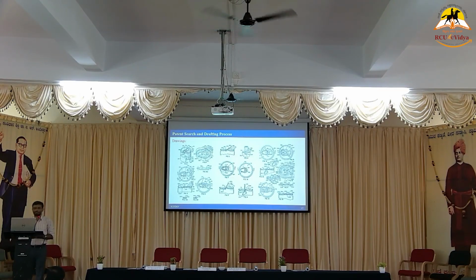Just 1, 2, 3, 4. This is a complicated drawing, but whatever we are doing will be simple. If it is complex also, you need to maintain the same. And below this drawing, you need to mention what exactly 1, 2, 3, 4, 5, 6, 7, 8, 9 are. So that gives us a brief overview of the drawing.